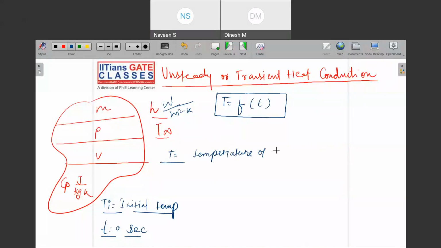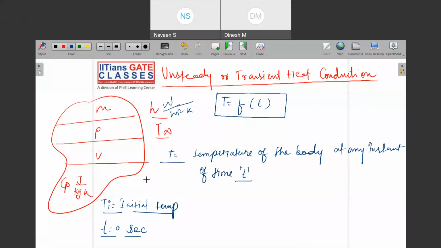And what I'm trying to say is that T is the temperature of the body at any instant of time t. So T is a function of time t only.